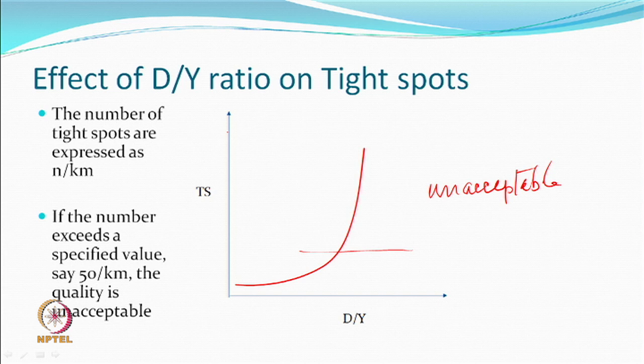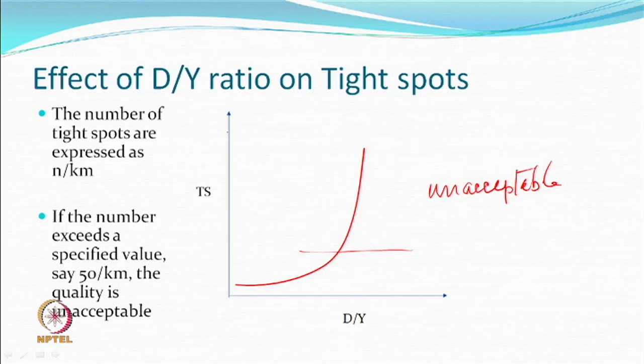worry about the number. This number could be expressed obviously in numbers per unit length. The unit length you are expecting is kilometer. So, some numbers per kilometer of a yarn, and this number should not exceed a certain value, could be 50 per kilometer, lesser the better.